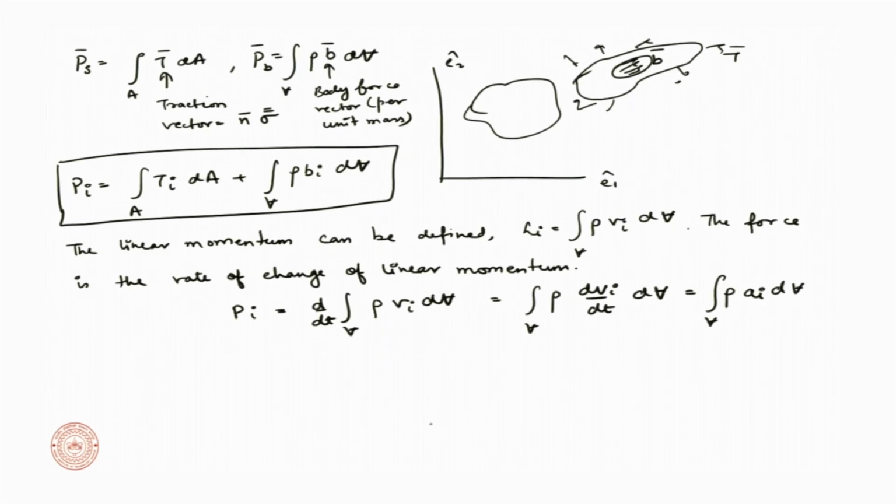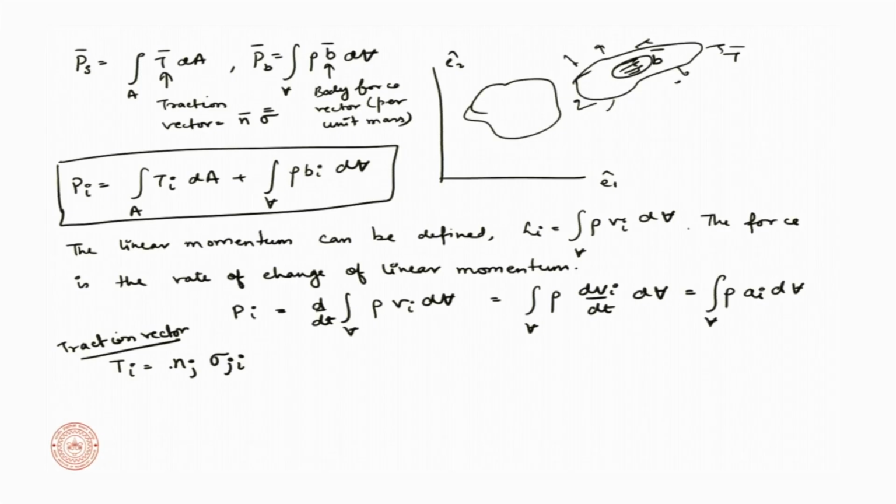We also know that the traction vector T_i equals N_j sigma_ji.